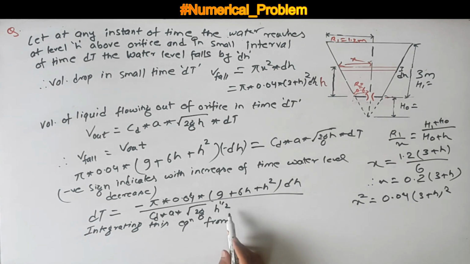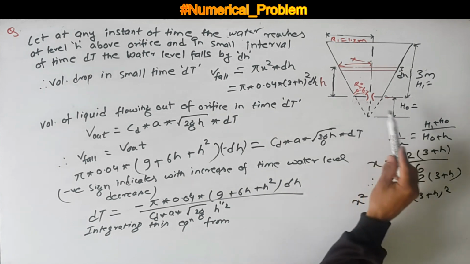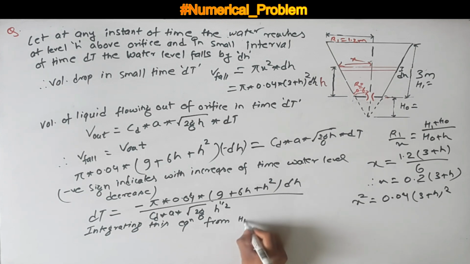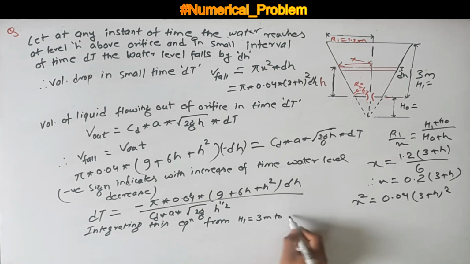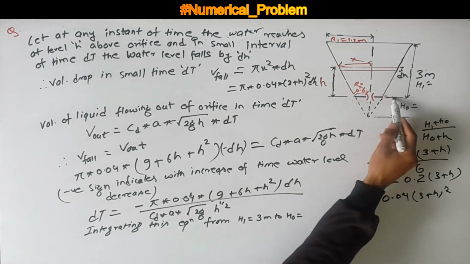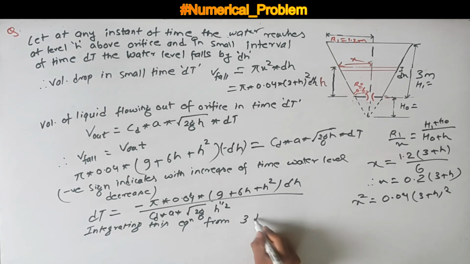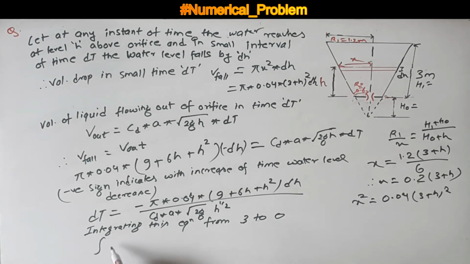We can integrate this equation from the limit of initial height h1 equal to 3 meter to final height h0 equal to 0, as naught is the ending, so here is 0. We can write here from 3 to 0. Let us integrate this. When we integrate dt, we get total time t, and we can take constants outside.